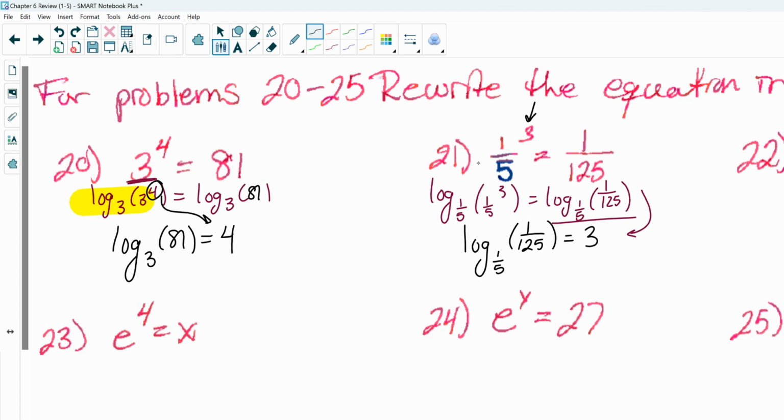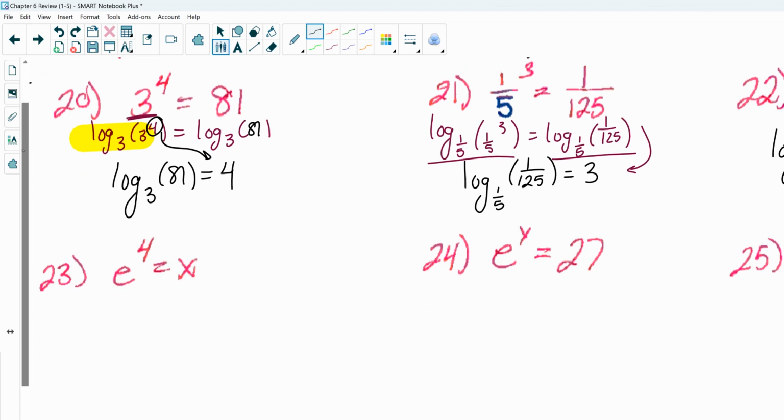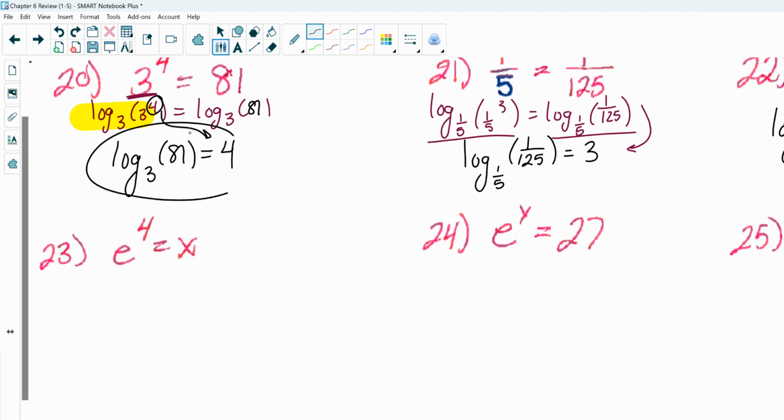Log base 1/5 of 1 over 125 stays. Our log base 1/5 of 1/5 to the third just becomes 3. Here, our base is 125, so we'd say log base 125 of the other side, 25, is equal to 2/3. And that's it. Here are the answers.